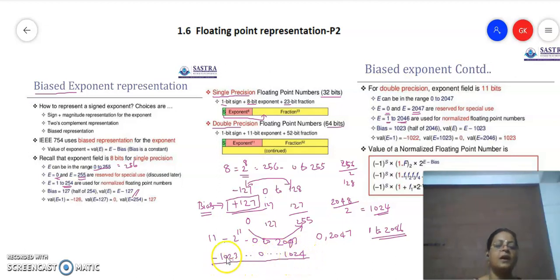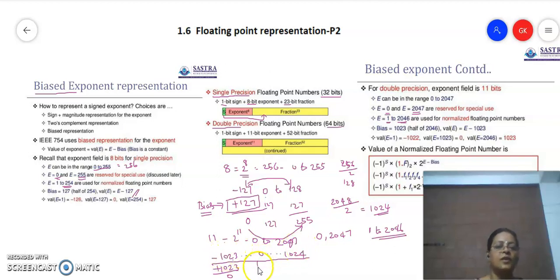If this is the 11-bit exponent, all the negative exponents have to be converted into positive, so we have to add the bias. What is the bias value here? If I want to make minus 1023 into 0, I have to add 1023. If I add 1023 to the negative extreme, it will become 0. And when I do something to one exponent, the same thing has to be applied to all the values.